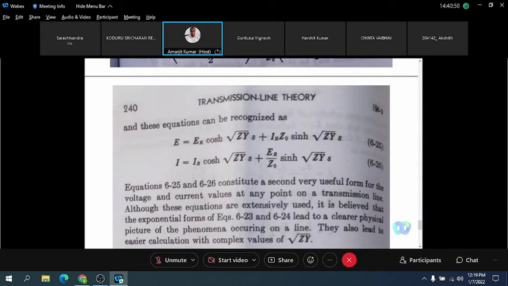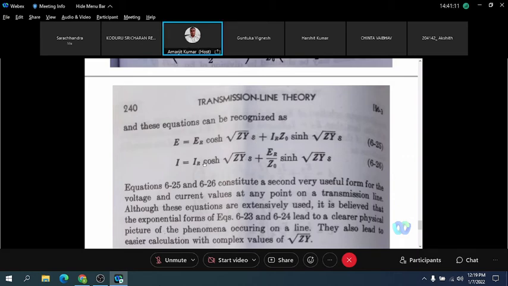ES upon IS. So you divide this ES upon IS. At the sending end, put S is equal to L, okay? Don't make a mistake. So ES upon IS, the input impedance at the sending end. Put S is equal to L, because S is measured from the receiving end.